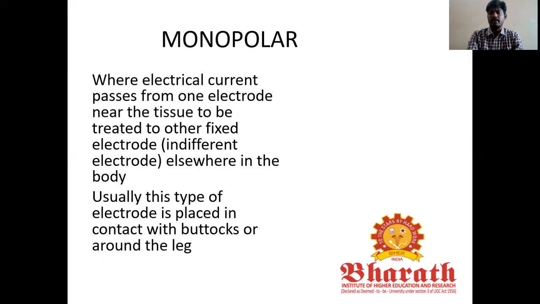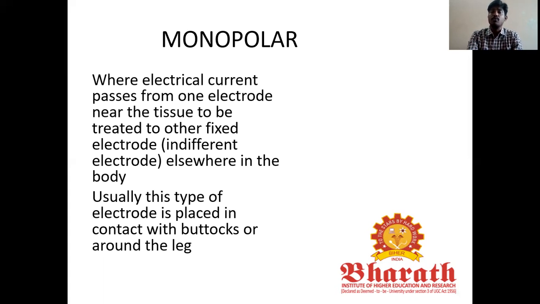So it is a common way, monopolar. The current passes from one electrode near the tissue to be treated to the other fixed electrode, which is a common electrode, placed in contact with the patient's buttocks or around the leg.